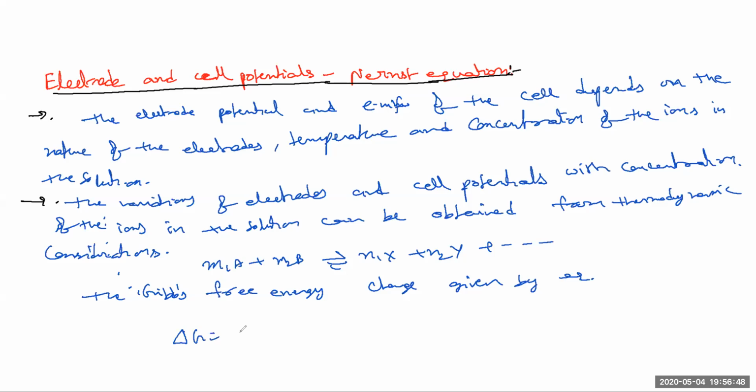Delta G is equal to delta G naught plus 2.303 RT log of product concentration by reactant concentration. That is the equilibrium now.